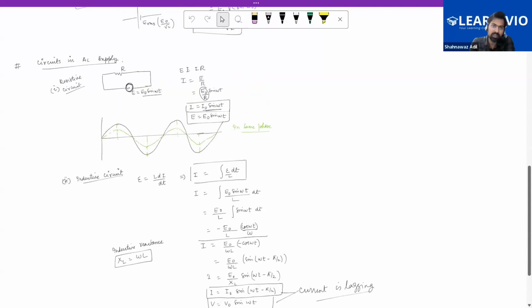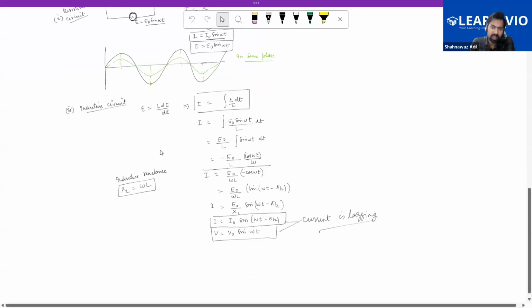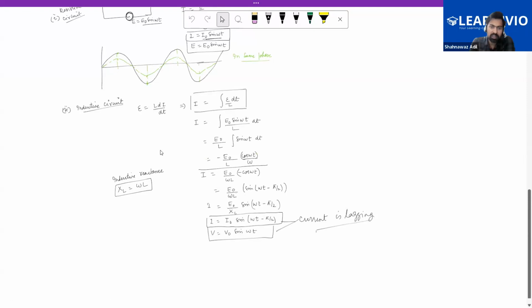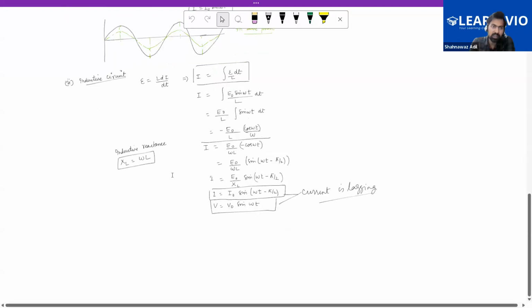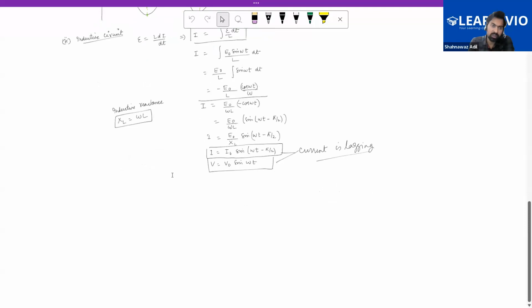So we know what the voltage is in the resistive circuit, what the voltage is in the inductive circuit, and then let us talk about the voltage in the capacitive circuit, right? The inductive circuit is this thing, omega L, right? This is what we got.